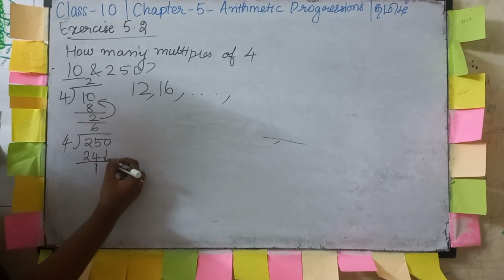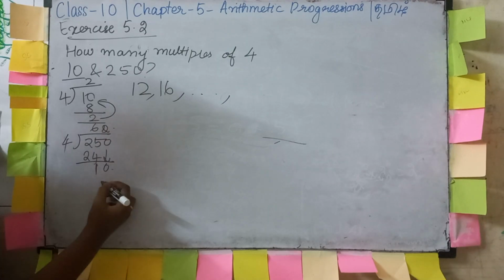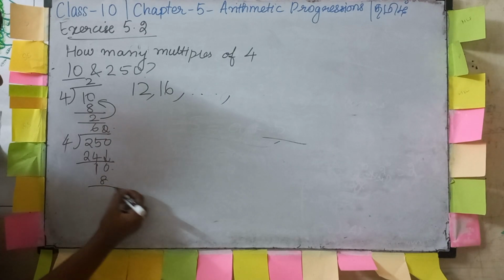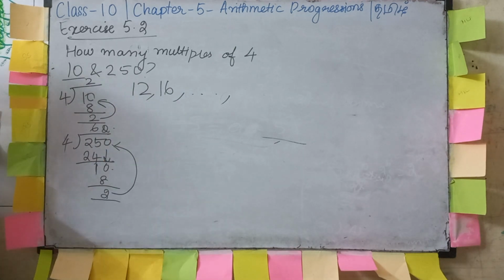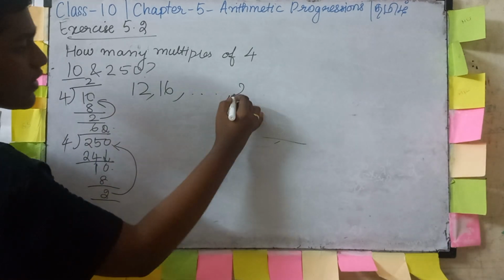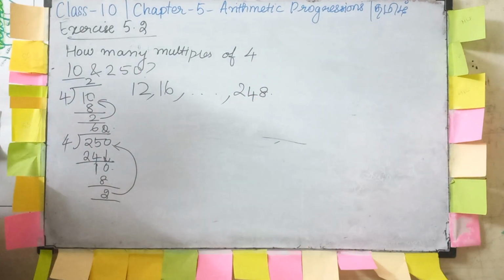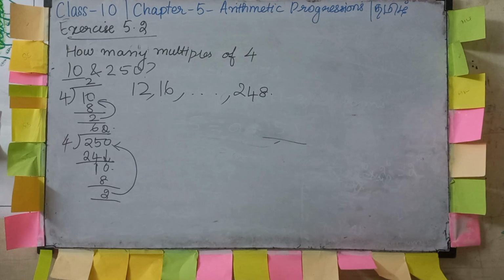Remaining 1, put the 0. 4 2s are 8, remainder 2. Subtract 2 from 250 to get 248. 248 is the last term.